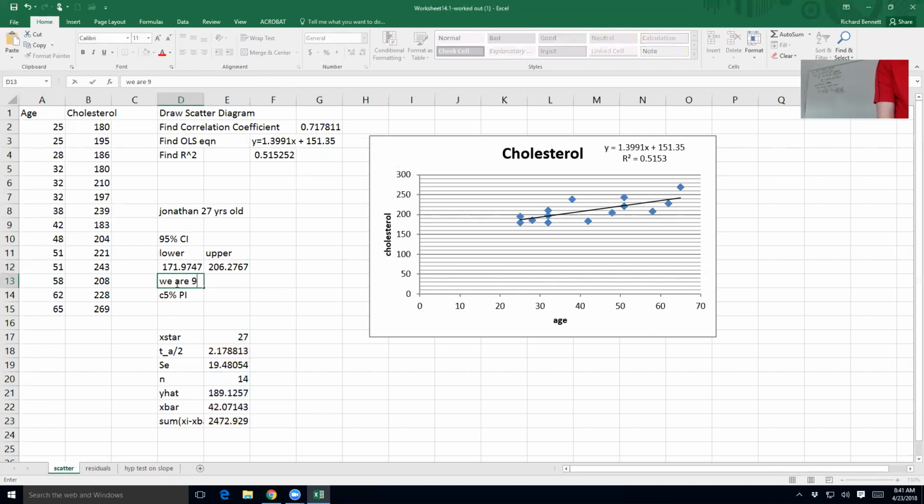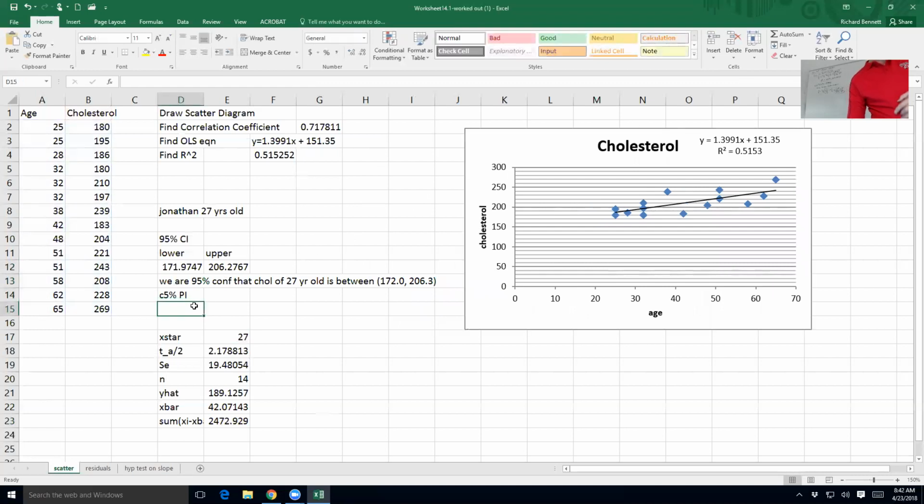We're 95% confident that... we'll round it to 171.0, 172.0, and 206.3.